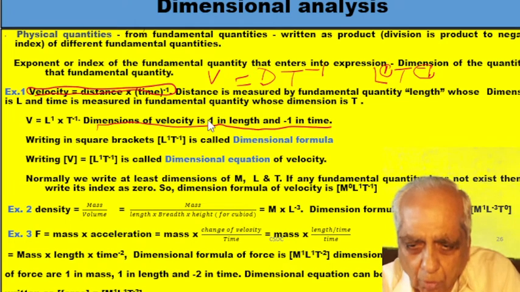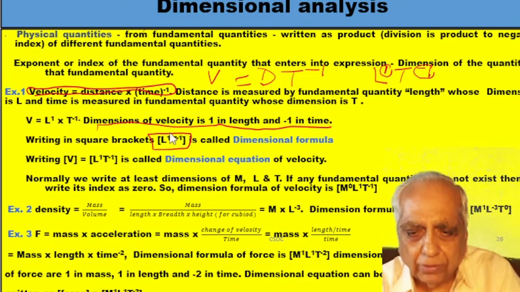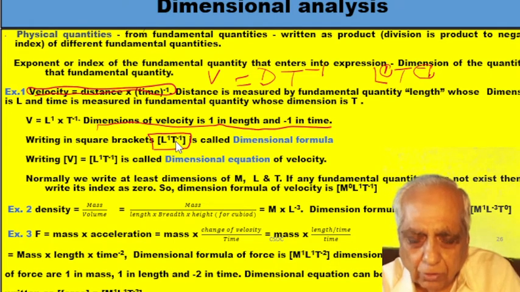Normally these dimensions are written in square brackets, like L raised to 1, t raised to minus 1 in square brackets. This is the dimensional formula of velocity.